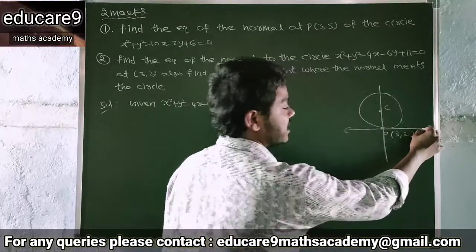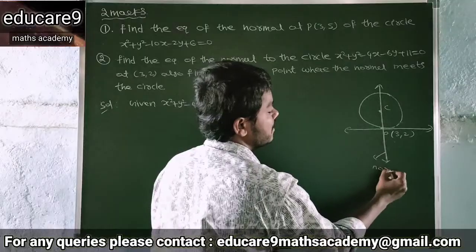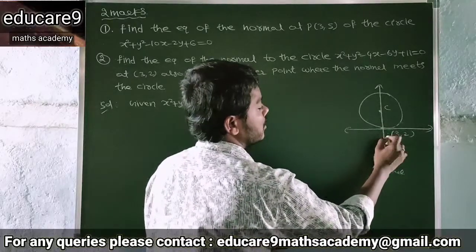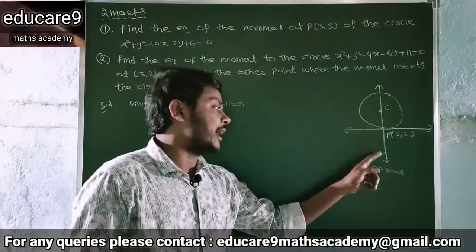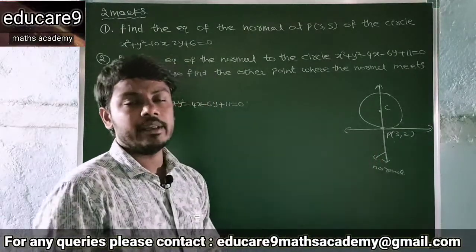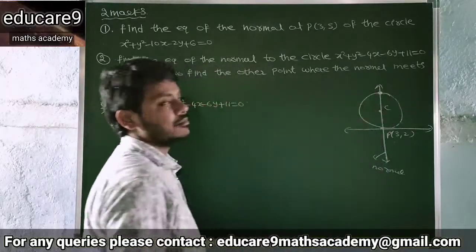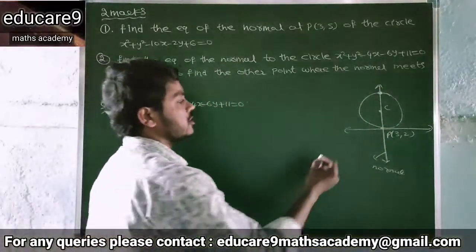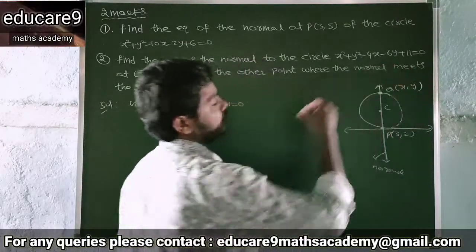So this is the tangent line and this is the normal line. Now this is point P, and here you want to find the equation of this normal and also find this point, suppose that is some Q(x, y).